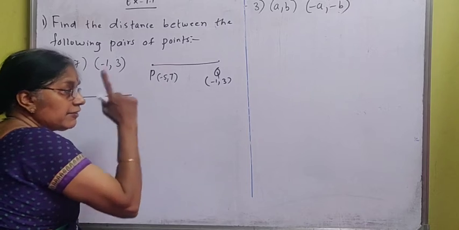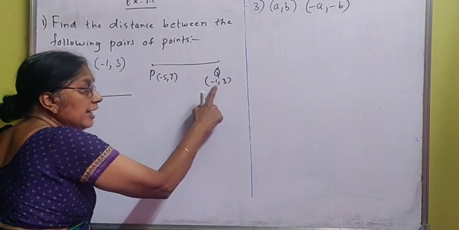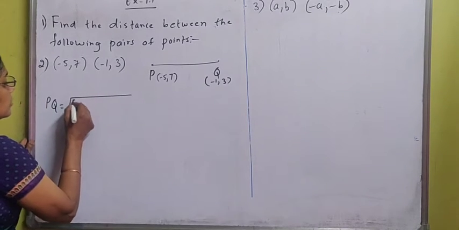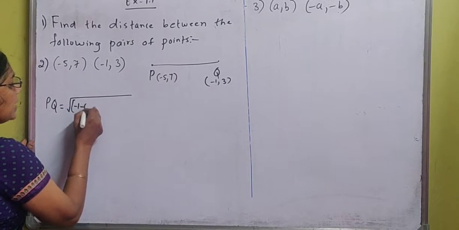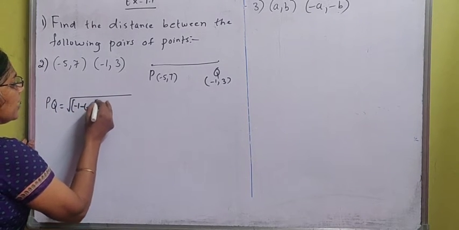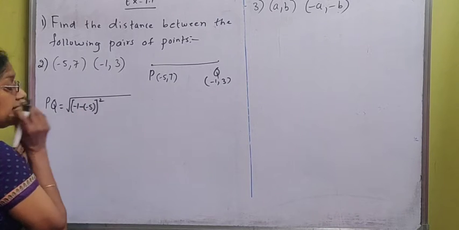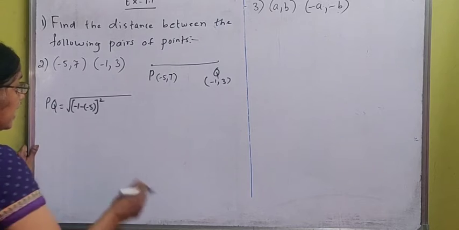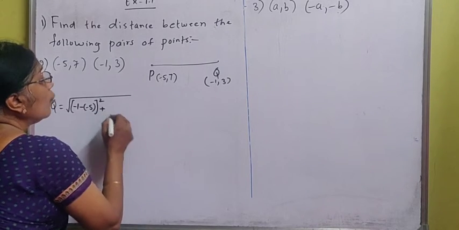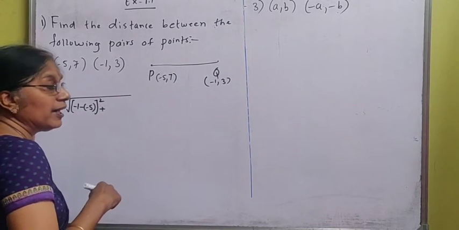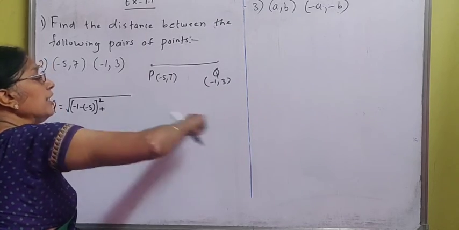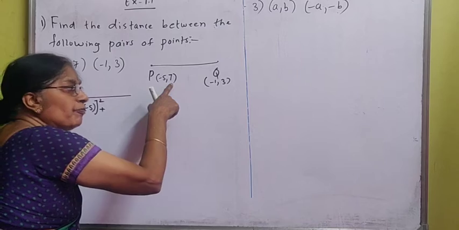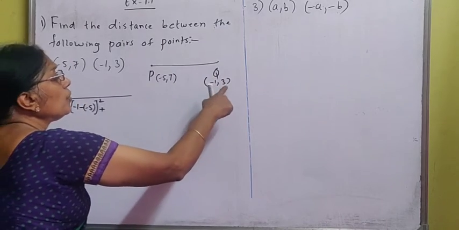You remember, in this way it will be very easy. X coordinate of Q minus x coordinate of P. So minus 1 minus of minus 5, the whole square. Two minus signs are there, so I have kept one minus sign in the bracket. Plus y2 minus y1, that is y coordinate of Q minus y coordinate of P. What is y coordinate of Q? 3.